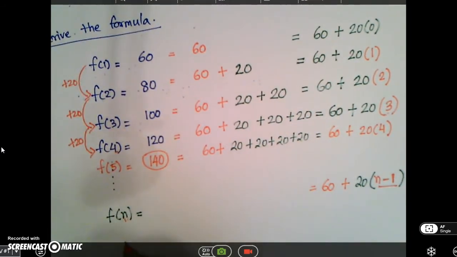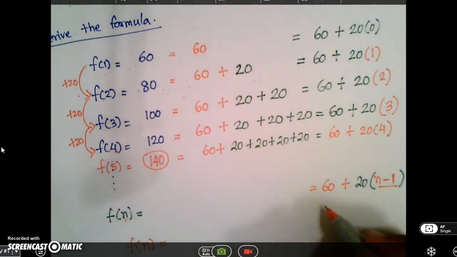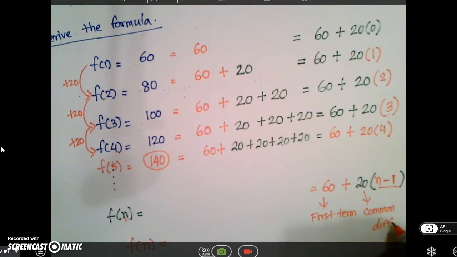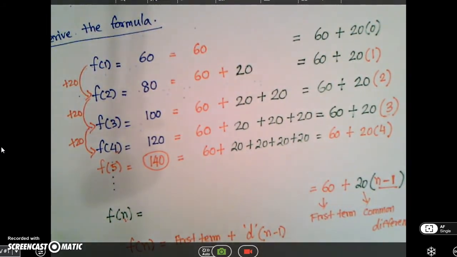So my explicit rule then becomes f of n equal to, this was my first term and this was my common difference. So your first term plus your common difference times n minus 1.